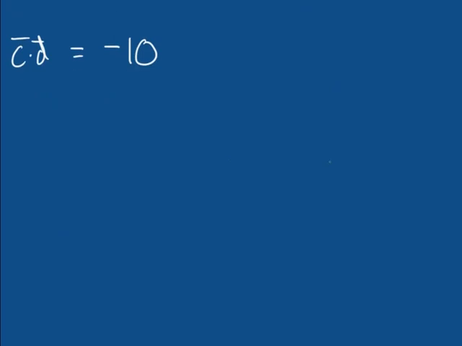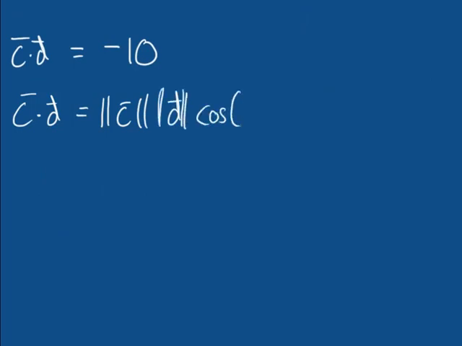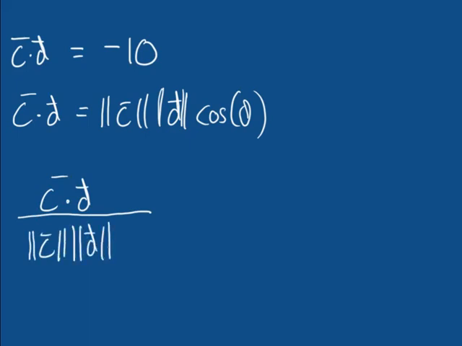But we also, from our other definition of the dot product, know that c dot d is equal to the length of c multiplied by the length of d multiplied by the cosine of the angle between them. So we can rearrange this to find that angle theta. If we divide both sides by the length of c times the length of d, we're going to get that c dotted with d divided by the magnitude of c times the magnitude of d is equal to the cosine of the angle between c and d.